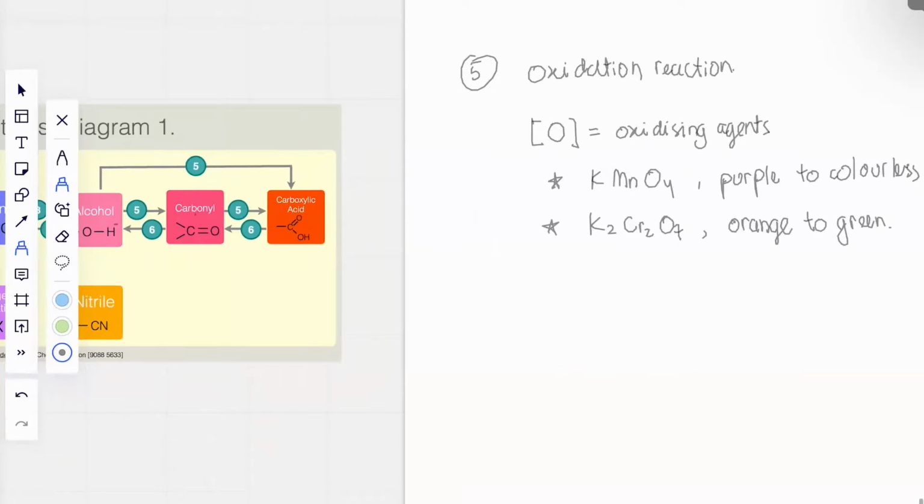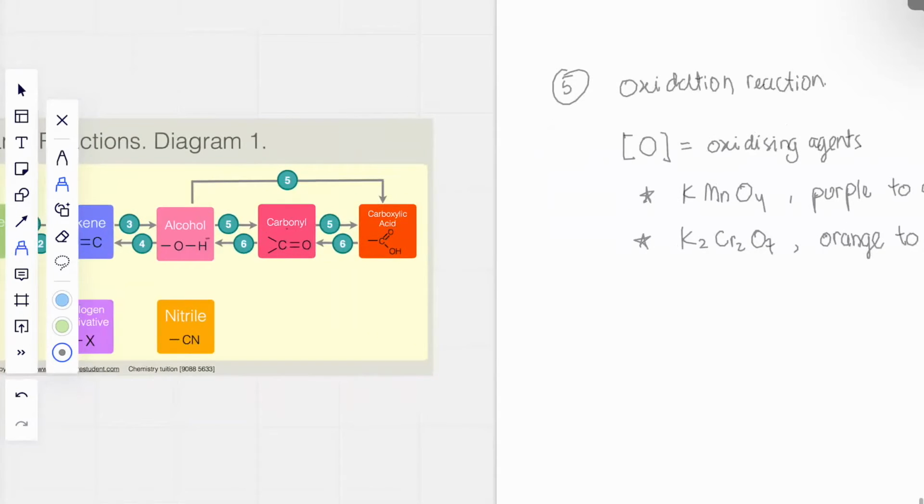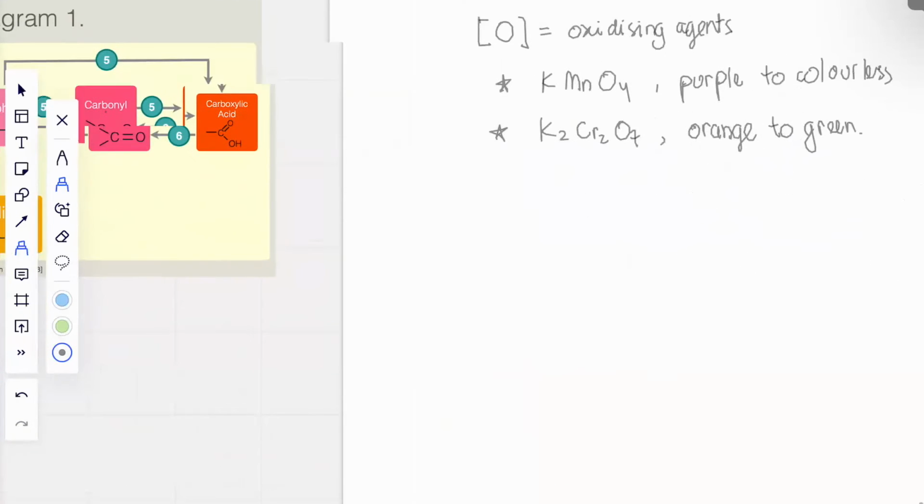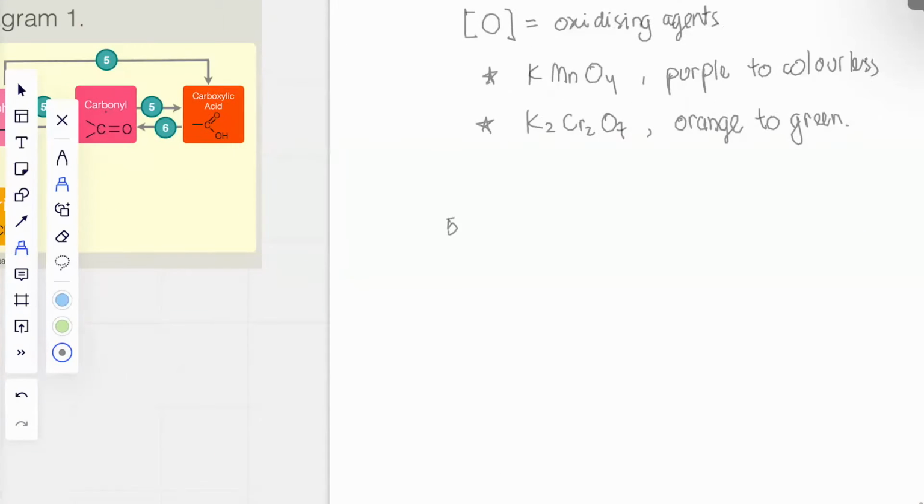Then there are several possible reactions. The first one, we call it 5A, is primary alcohol. You add oxidizing agent, then you get aldehyde.